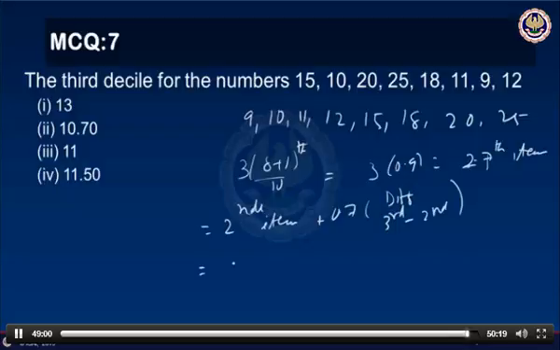The second item is 10 plus 0.7 into the difference, 11 minus 10 is 1. So 10 plus 0.7 is 10.70. So the answer for this question is 10.70, the third decile of the observations.